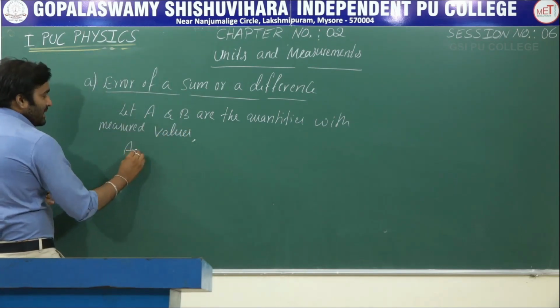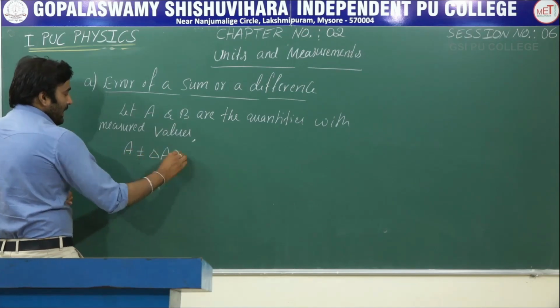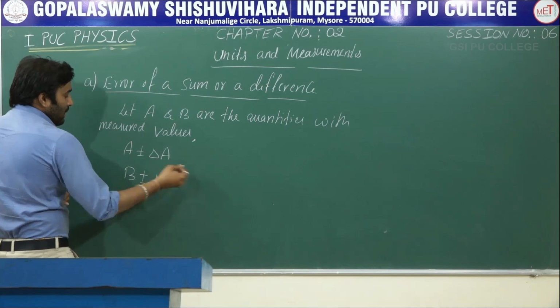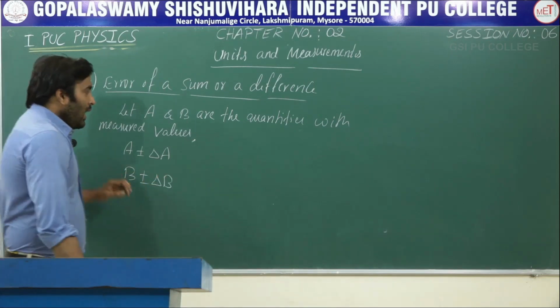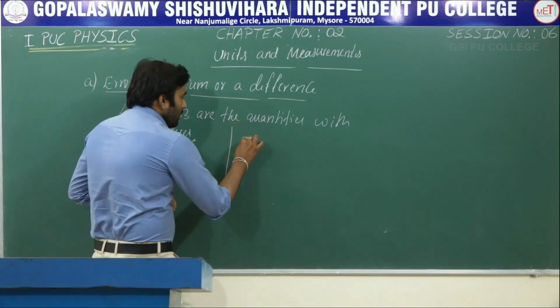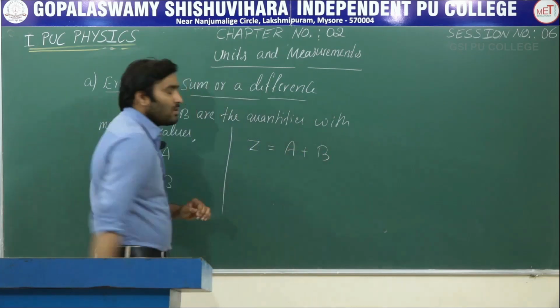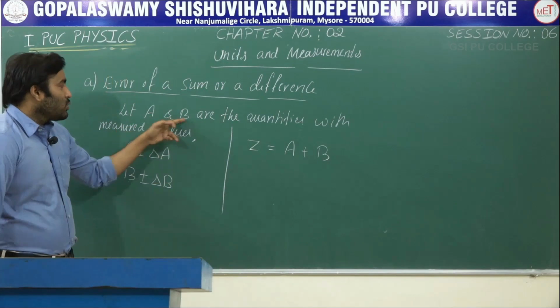A is measured as A plus or minus delta A and B is measured as B plus or minus delta B. Now let us write Z is equal to A plus B, which means we are adding these two quantities.